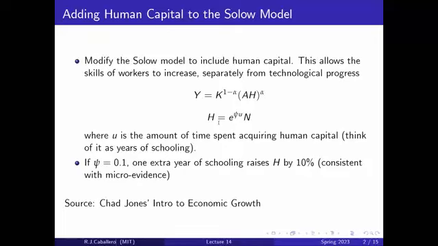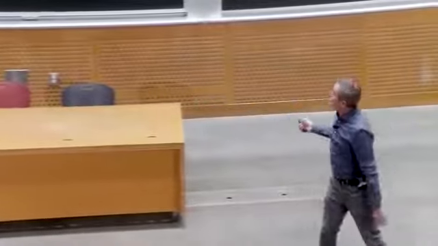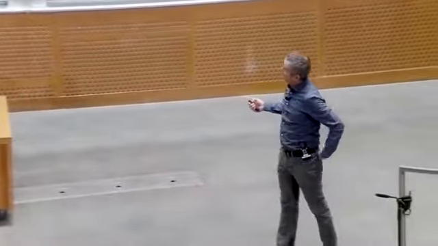So what this says is that human capital is the population times something that controls for the level of schooling of that population. A big candidate for difference across the world is that certain populations are far more educated than others. So this does exactly that.